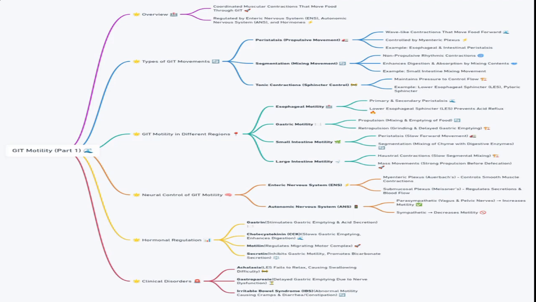So the basal or basic electrical rhythm is initiated by the interstitial cells of Cajal.